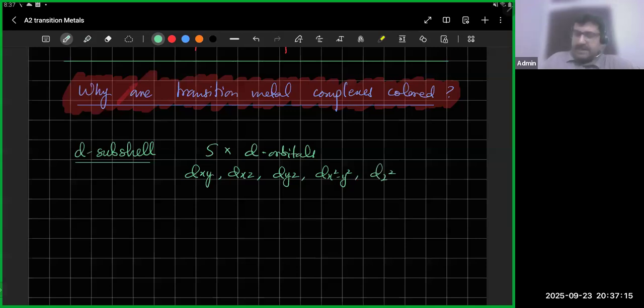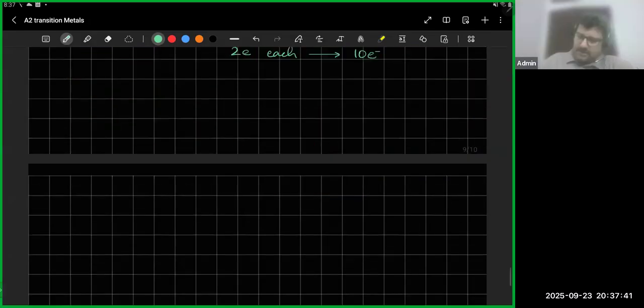So in total, you got 10 electrons in this, 2 electrons each. Now you'll be asked to draw these, so learn how to draw this.